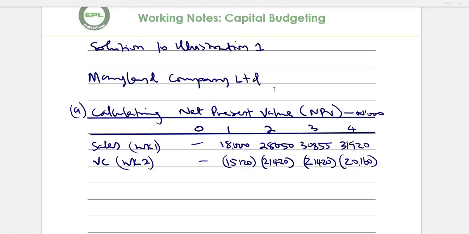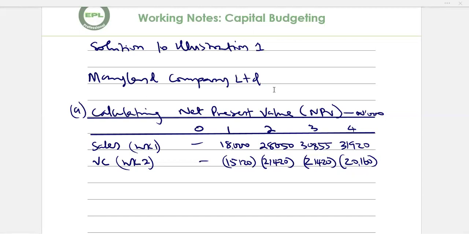So what the examiner is saying is that if this product is introduced, the sales of the existing product that the company is selling in the markets will reduce by 5,000 units per annum, with a contribution of 75 naira. So this is called contribution loss.